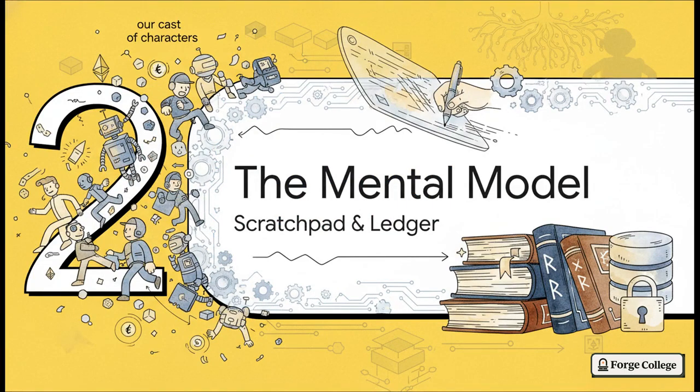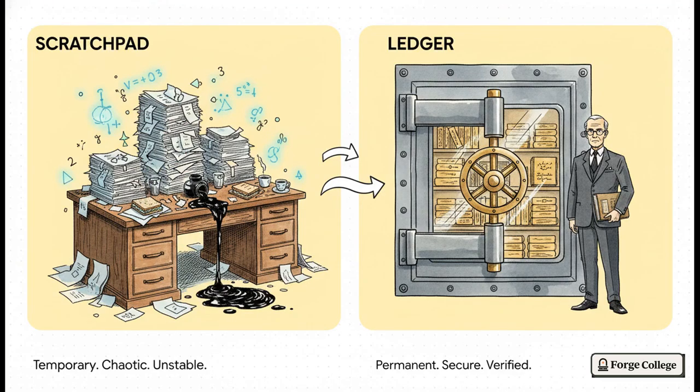Section 2. The mental model, scratchpad, ledger, and commit log. Now that we've met our cast of characters, let's introduce the core mental model that will totally bulletproof your understanding here. And this brilliantly illustrates what we're talking about. On one side, you have the scratchpad, volatile memory, the stack, local variables. I want you to picture an intern's completely messy desk, right?